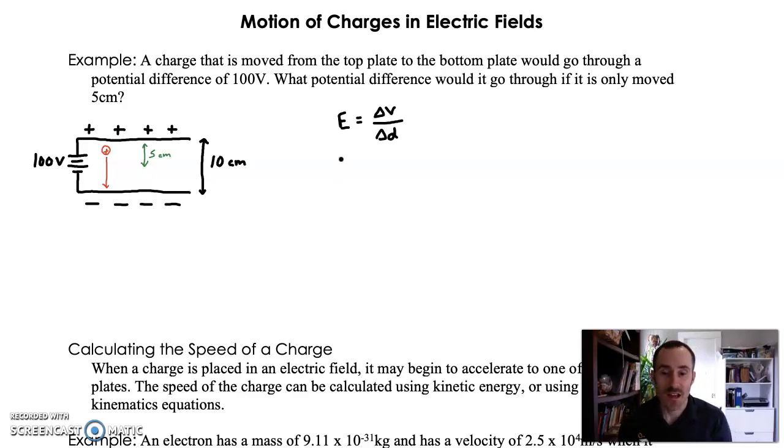So we can say that E10 is equal to E5. That's not the best notation, but I'm not sure how else to write it. Okay, and so E10 is going to be the potential difference over 10 centimeters.